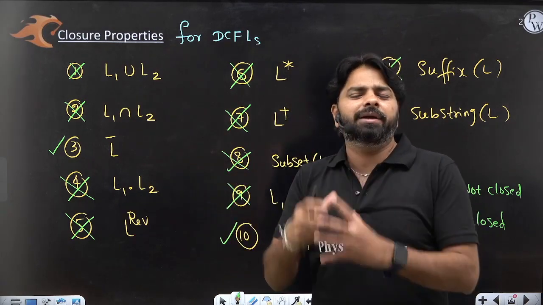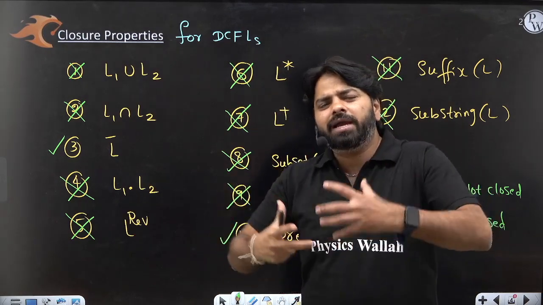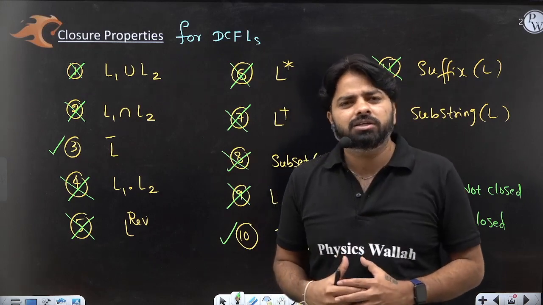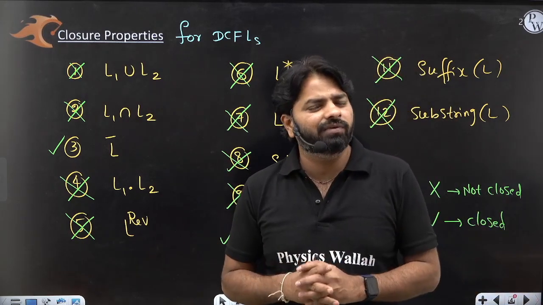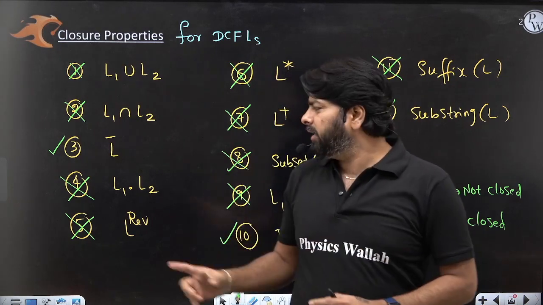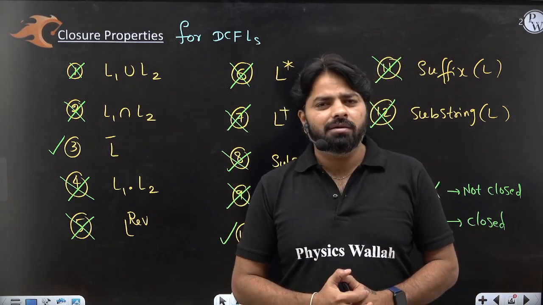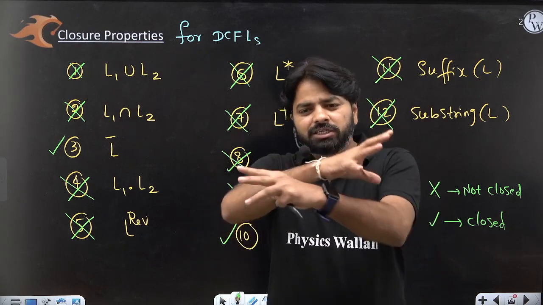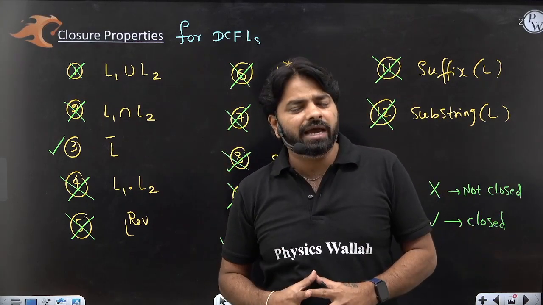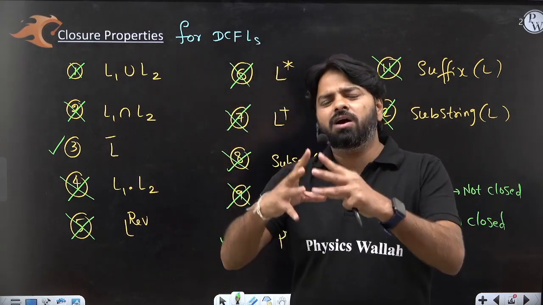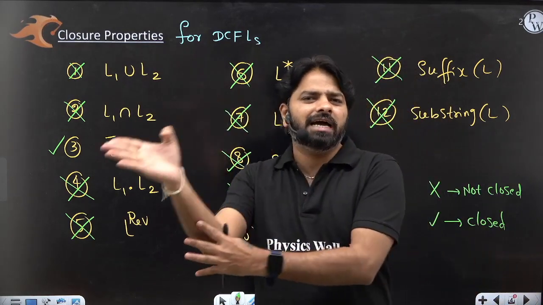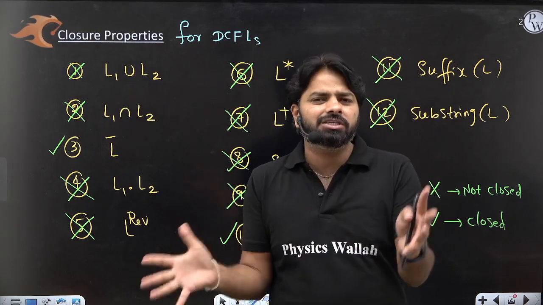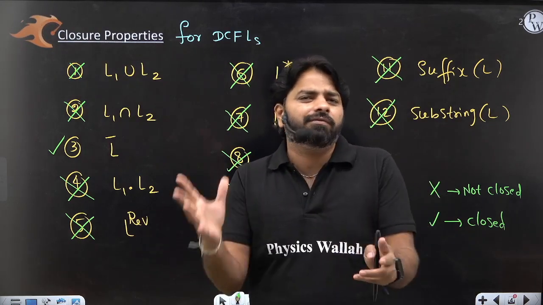Then just interchange final and non-final states, and you will get the DPDA that accepts L complement. But before interchanging, you must guarantee that for every combination of input and top of the stack you have exactly one transition. If you miss any transition, then interchanging final and non-final may not work.